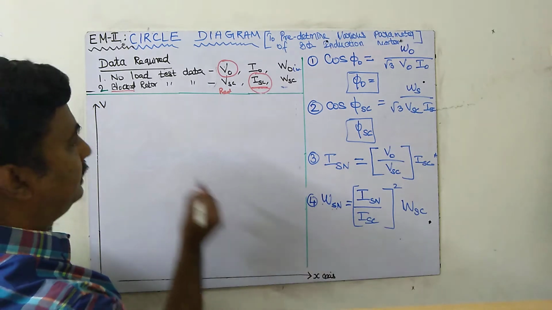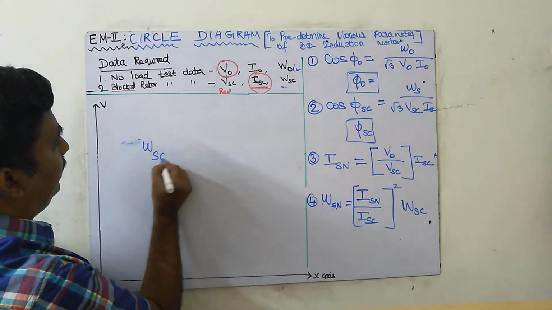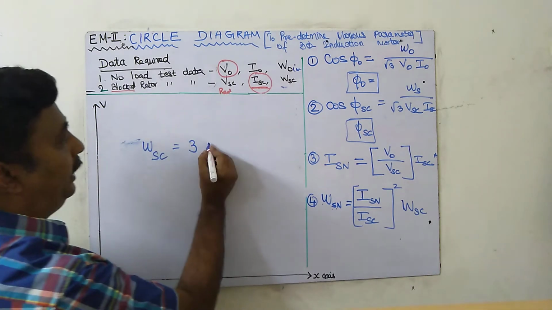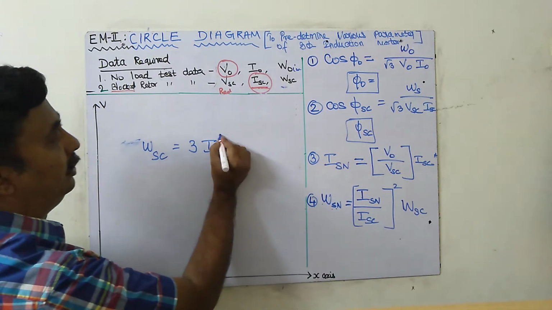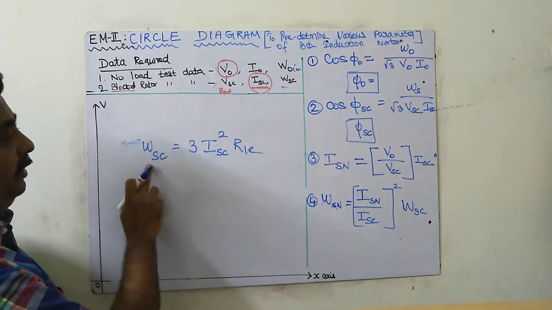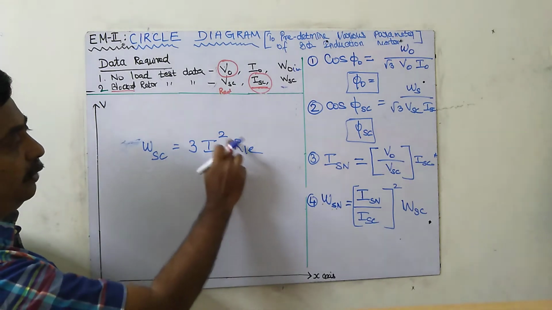WSC equals 3 times phase current ISC square into R1E, because there are 3 windings and this is phase current, not line current.